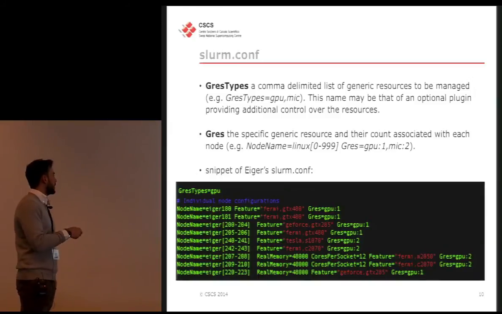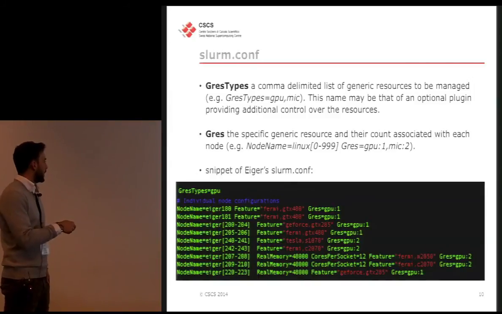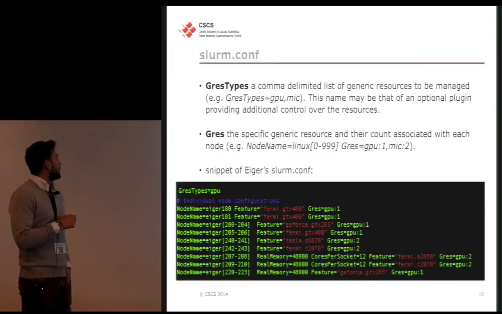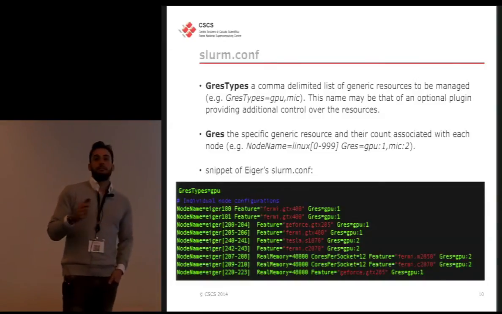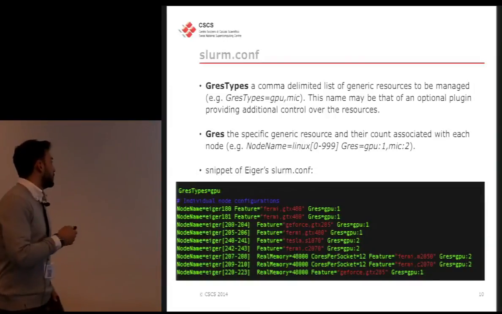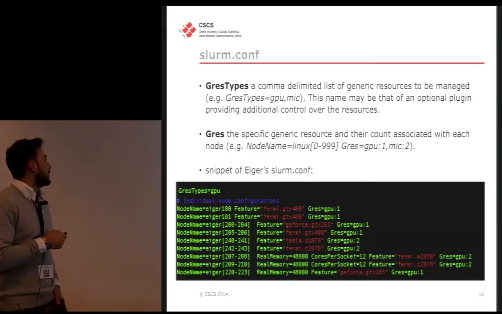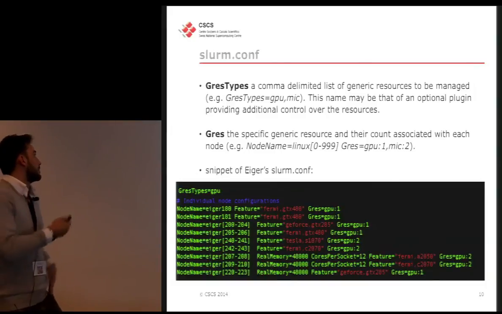So here's a snippet of Eiger, the one with a lot of different GPUs. On the slurm.conf file, you have to specify a GRES type. In this case, we name it GPU. Very simple, straightforward. It can be whatever you want.